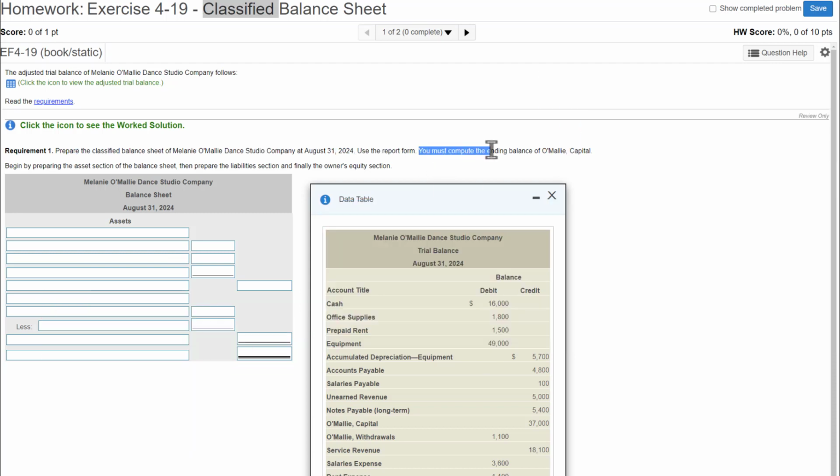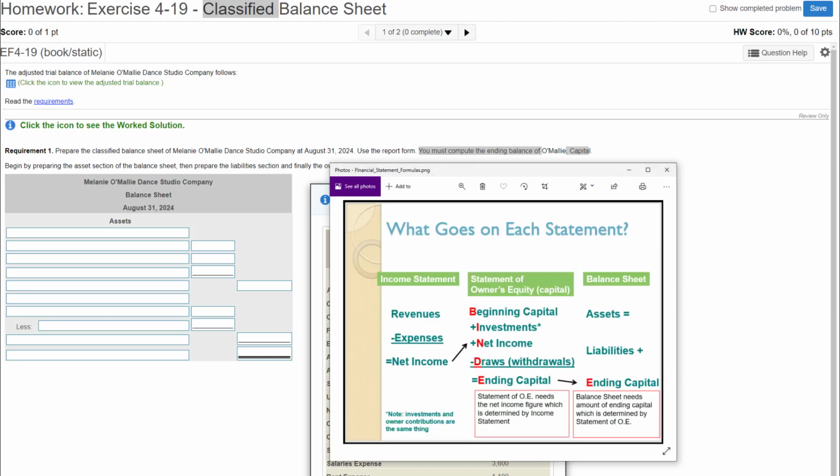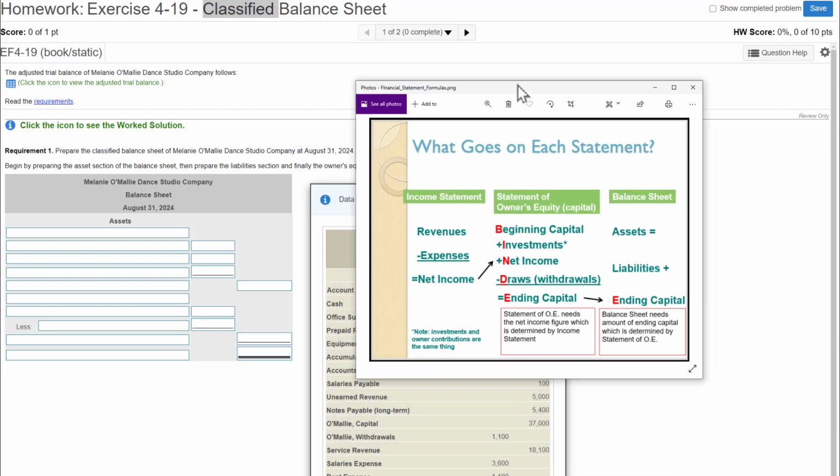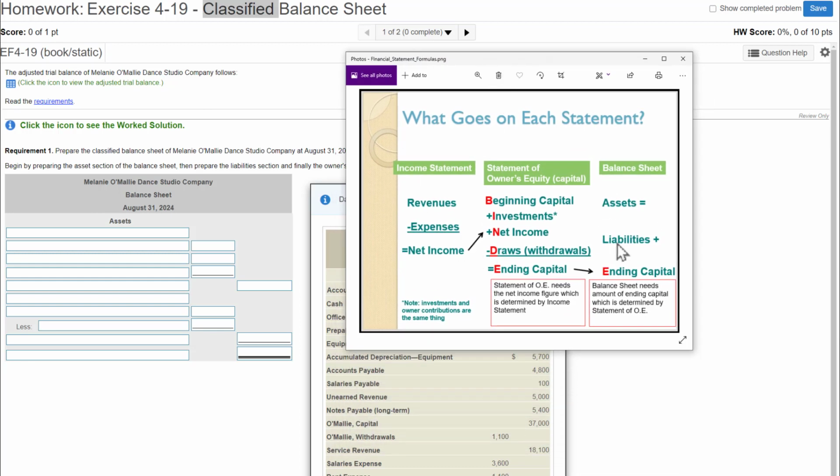You must compute the ending balance of O'Malley Capital. Just like we do when we're creating our financial statements, we have to create the income statement and then the statement of owner's equity, and then we're going to take the ending capital from the statement of owner's equity and put it as the ending capital on the balance sheet.